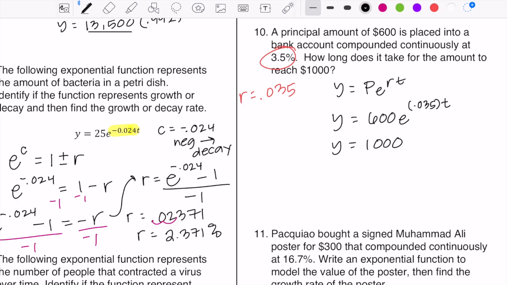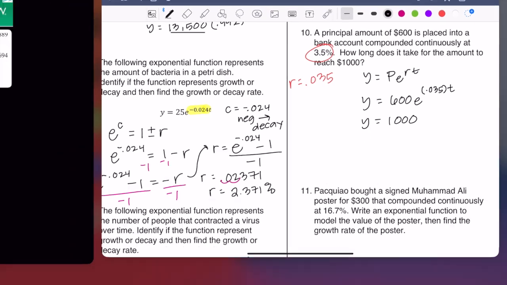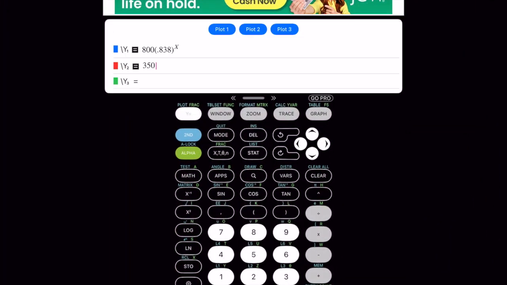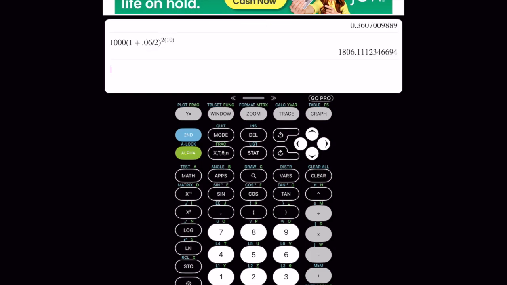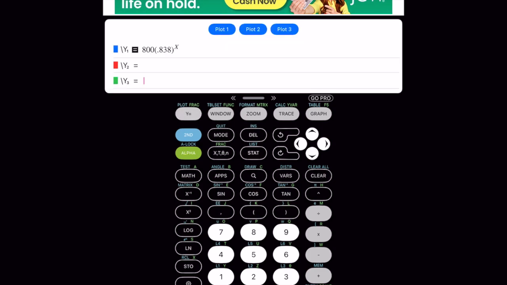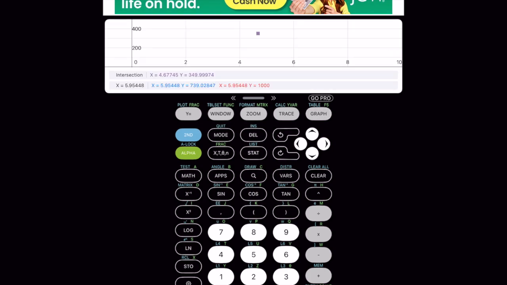So for this one right here, we're going to plug both of those into the graphing calculator. And then we're seeing how long it takes to get to 1,000. So when I hit graph, you can't see my graph because I don't have the right window.